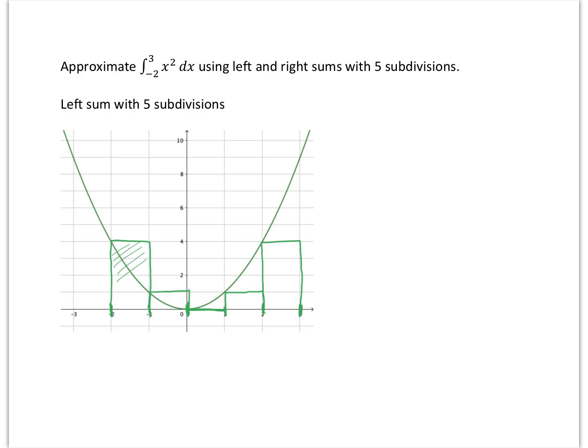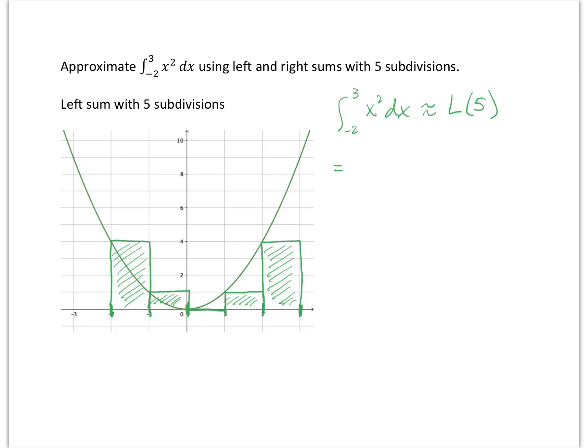And these are my rectangles that I'm going to add the area of to estimate the area under the curve from -2 to 3. We'll look at this integral from -2 to 3 of x squared dx. We are approximating this with a left-hand sum with 5 subdivisions.